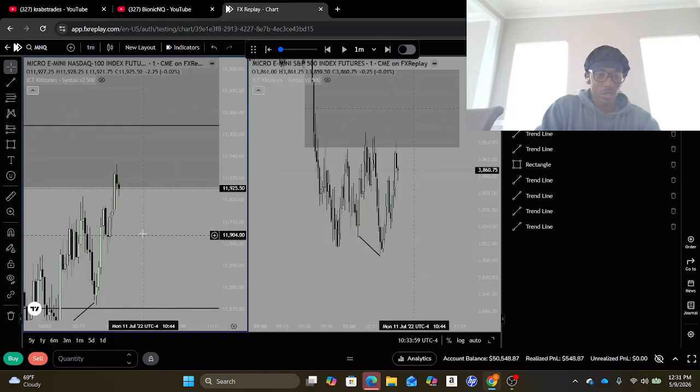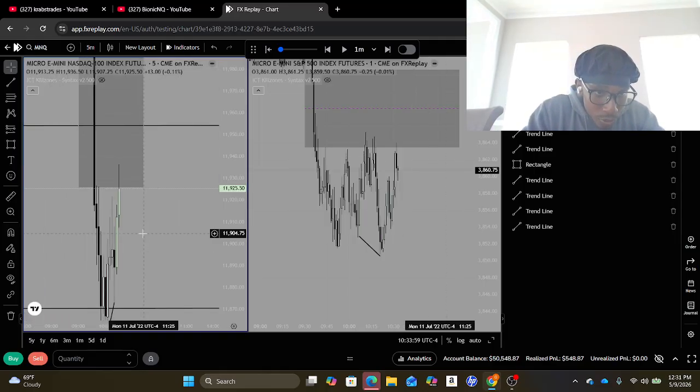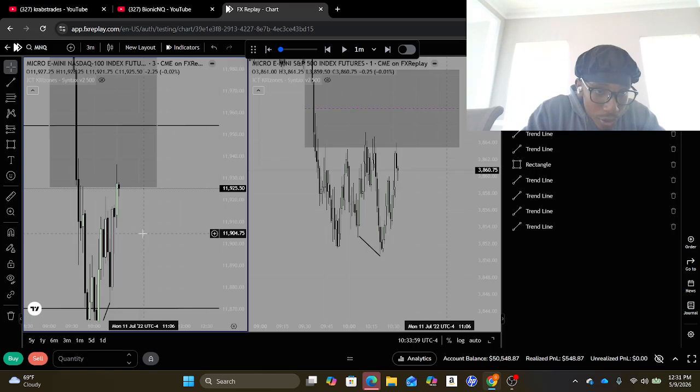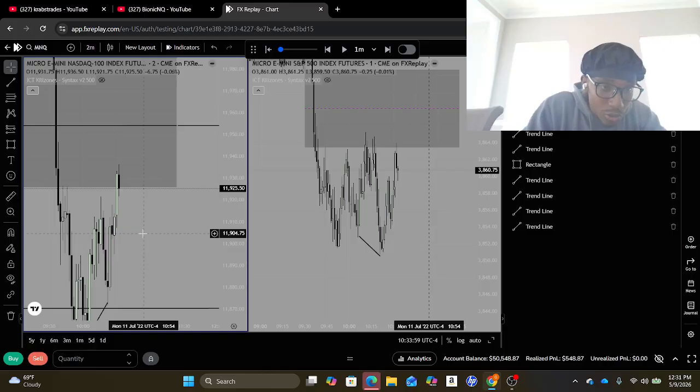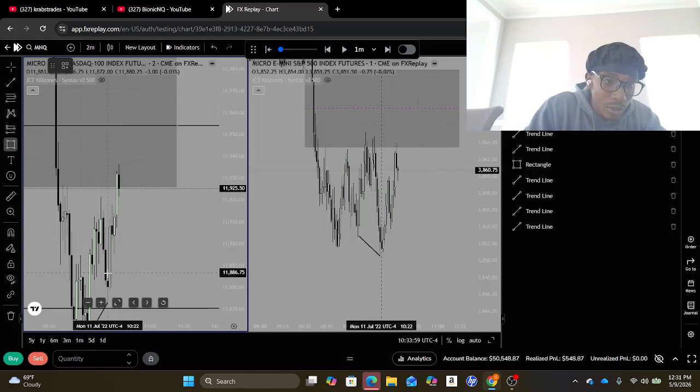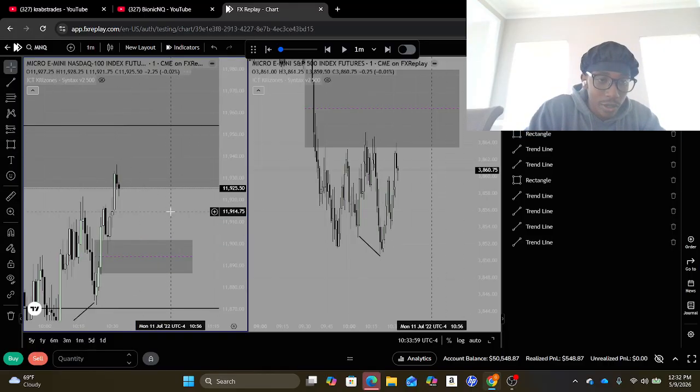I really like shorts. So if we do get a short setup here, 2 minutes. So there is this 2 minute gap. There's a new leg.